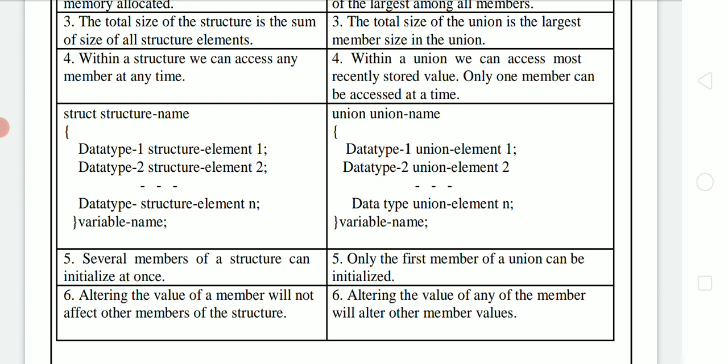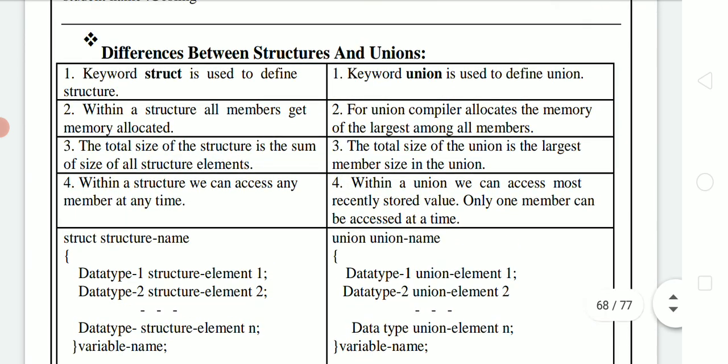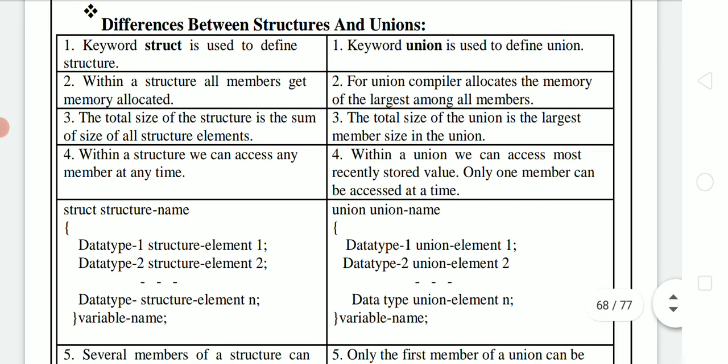Altering the value of a member will not affect other members of the structure, and in unions altering the value of any member will alter the other member values. We already discussed all these things in structure concepts and union concepts, and practically also. So if you have any doubts, please refer to those previous videos.